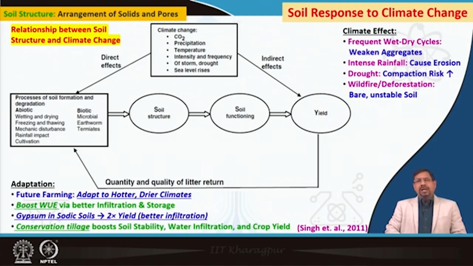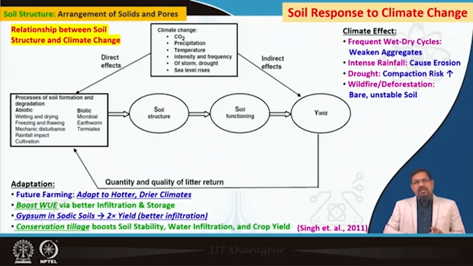And then we will have indirect impacts on yield, particularly the yield in terms of productivity, and this direct effect also will lead to variation or alteration in soil structure, in turn affecting the functioning and thereby also the yield as far as the productivity is concerned.